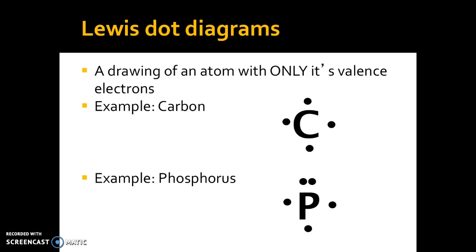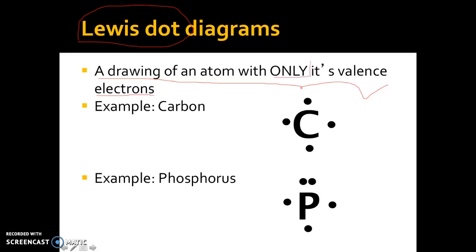The next we have a Lewis dot diagram. This is very simple. The Lewis dot diagram is a drawing of an atom with only its valence electrons.